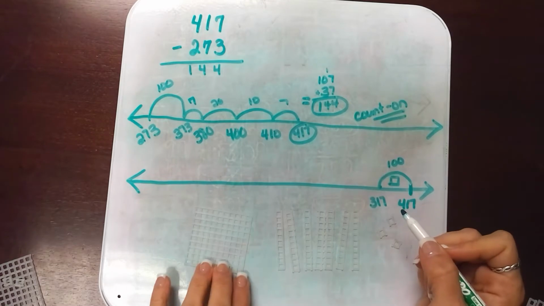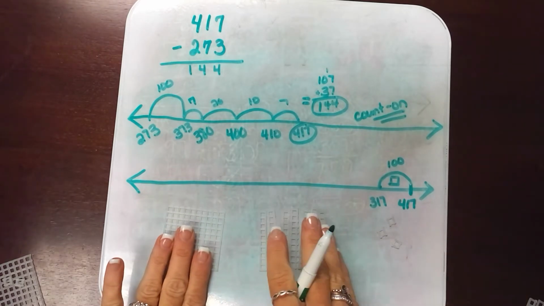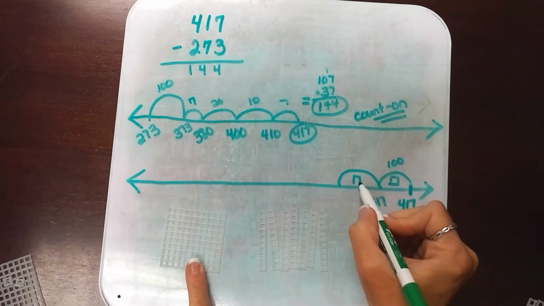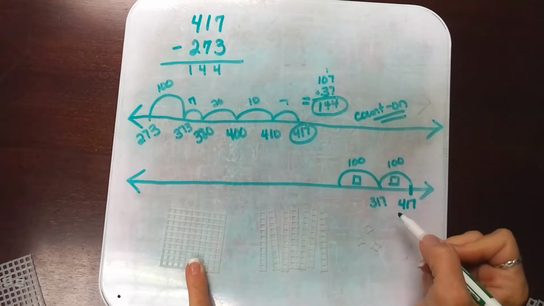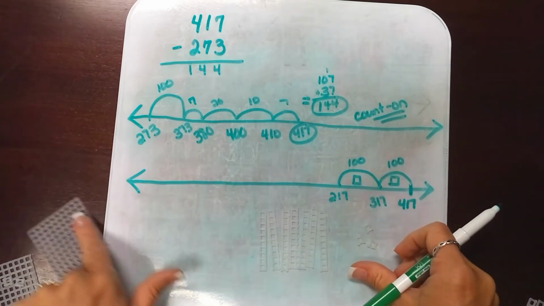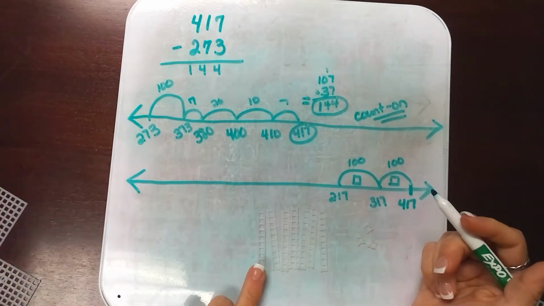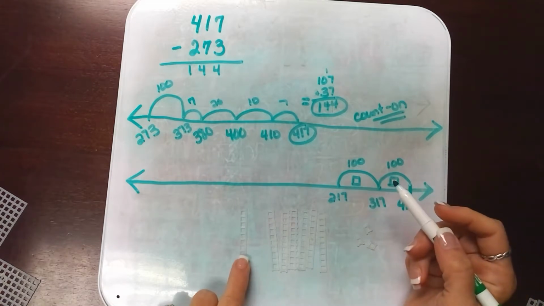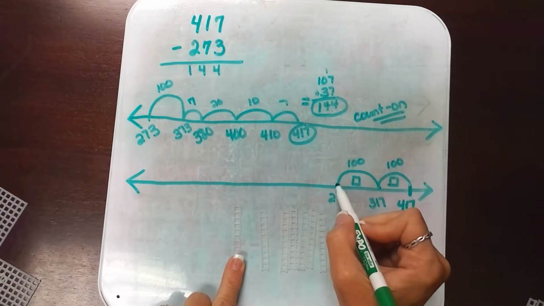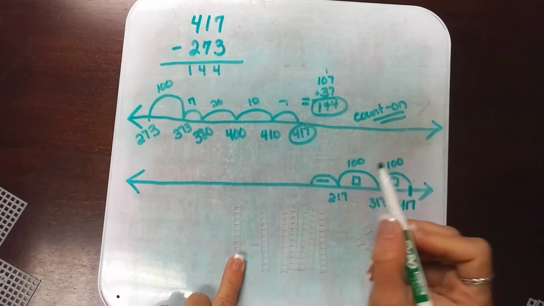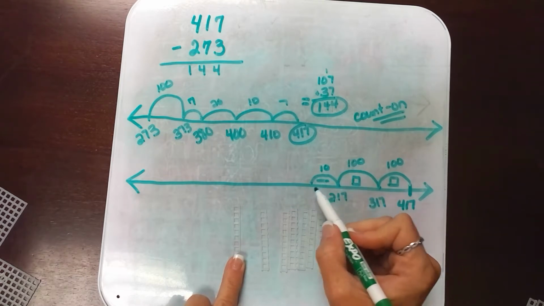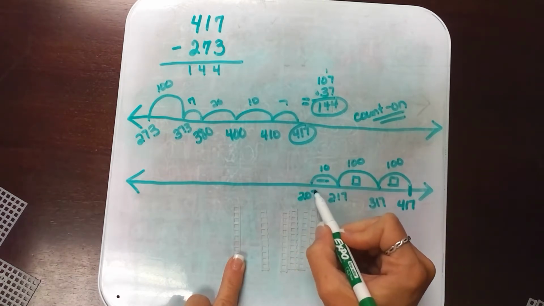Okay. All right, so I have 173 left, so I'm going to take off this next 100. So 317 minus 100 is 217. Then I'm going to take away, I can take a 10 away. So 217 is 207.